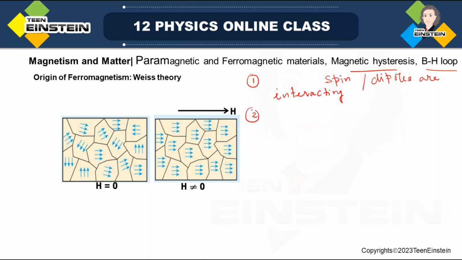A group of dipoles interact with each other and cooperatively orient in a particular direction in a certain region. Like this region, this region, this region. There are various regions, but the point is that these regions are called domains. So these are called magnetic domains.